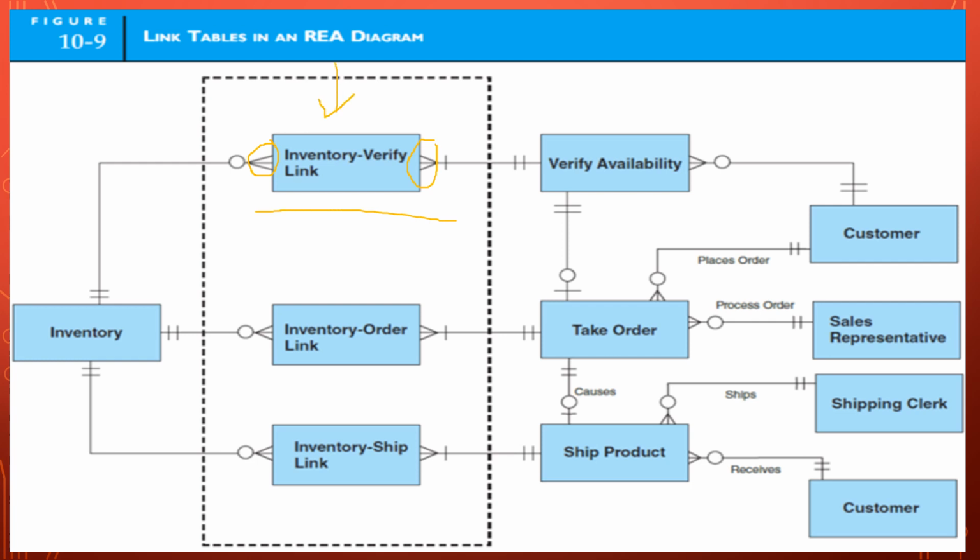This is a link table. A link table plays a role in linking the resources and the events, in the form of many-to-many. So the inventory verify link and inventory order link, you can see that we have these tables.